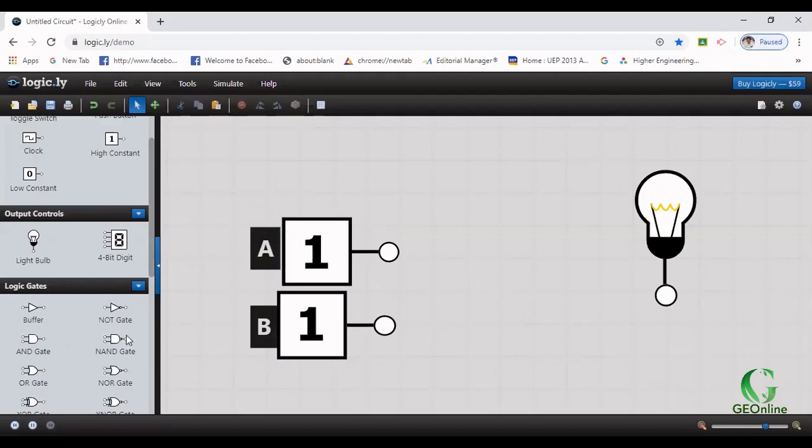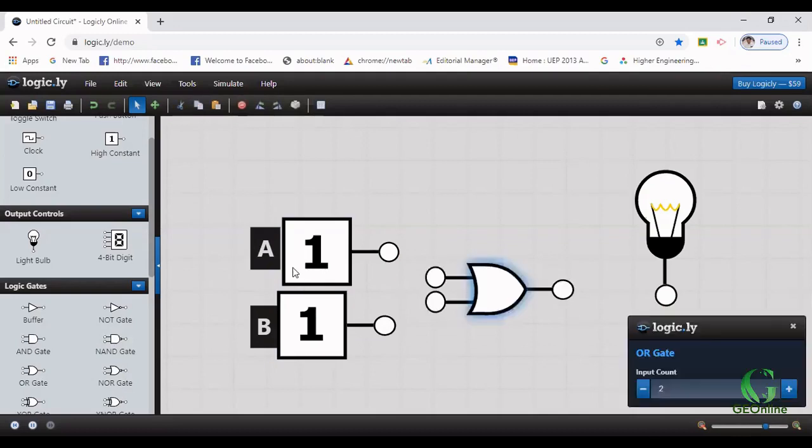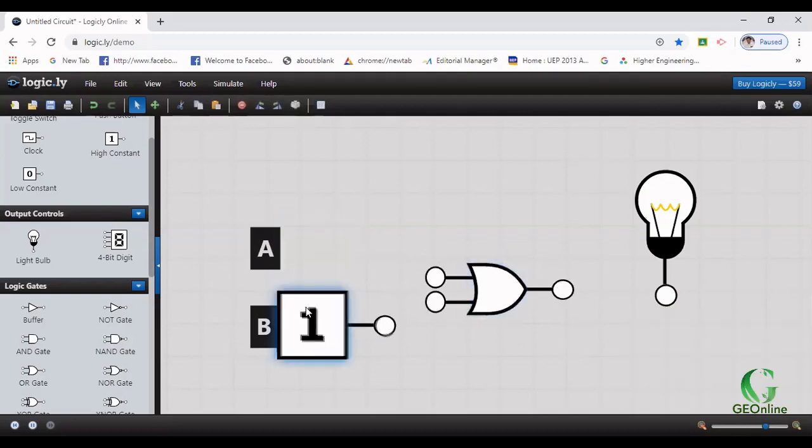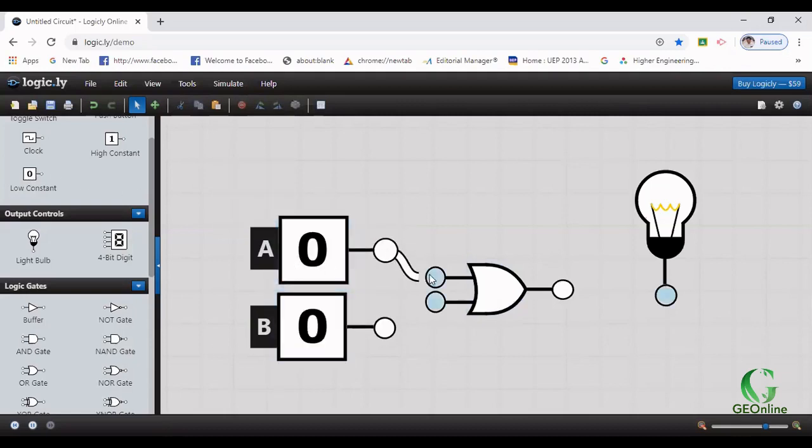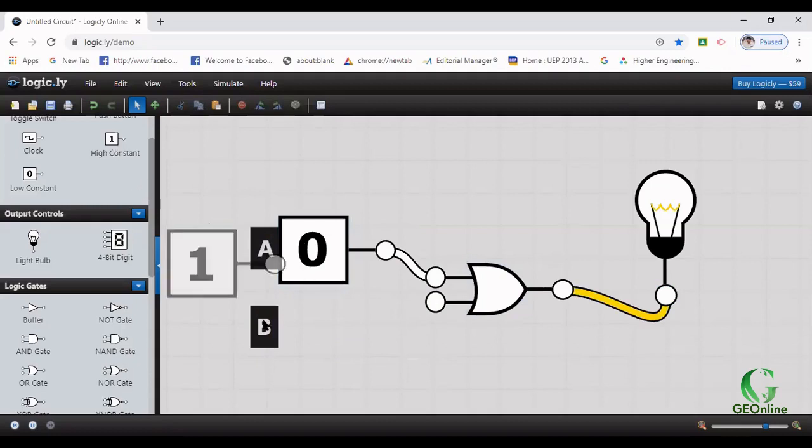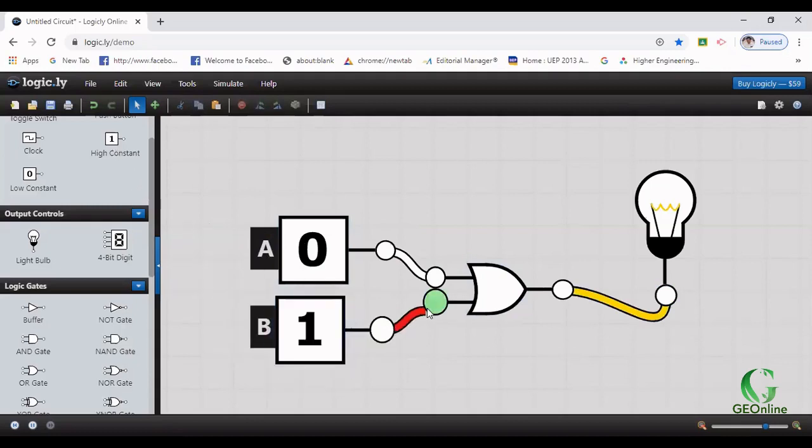Next one is OR gate. So when A and B are 0, output is 0. When A is 0 and B is 1, output is 1.